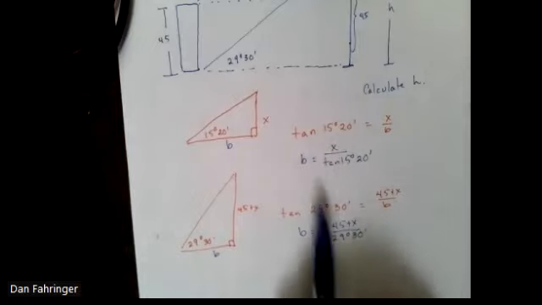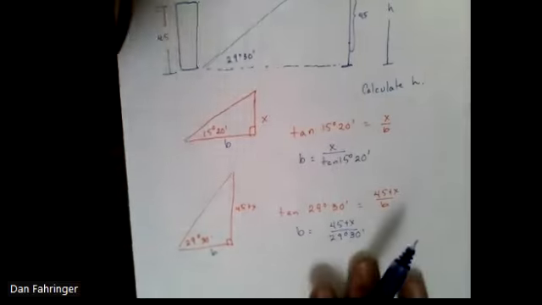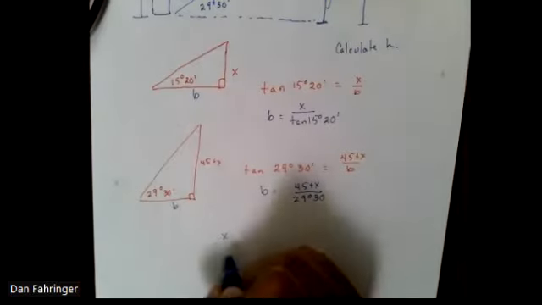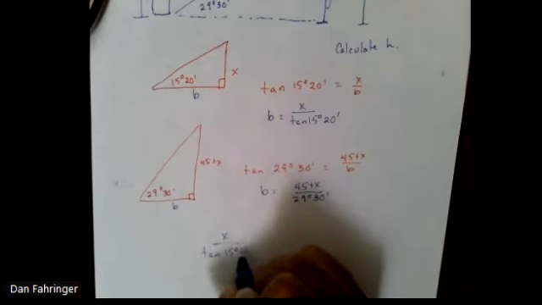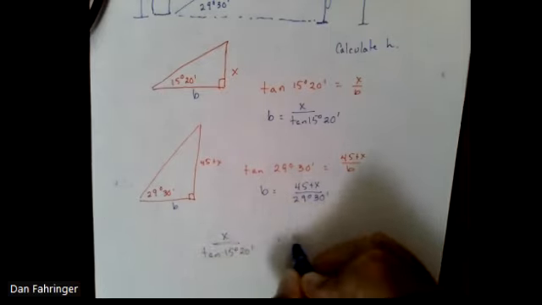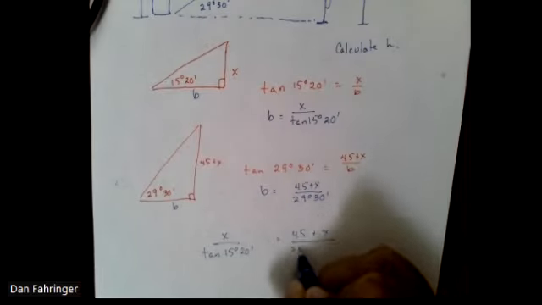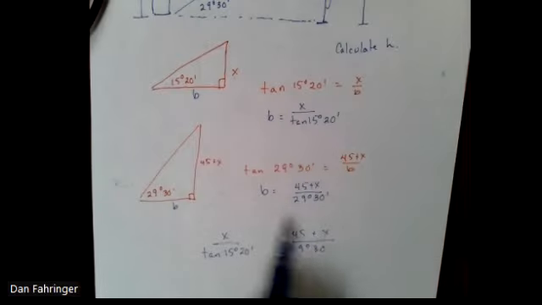Now this is equal to B and this is equal to B, then those two have to be equal to each other. And what I'm going to end up with is X over tangent of 15 degrees, 20 minutes equals 45 plus X over tangent of 29 degrees, 30 minutes. And as you can see, I'm now down to one equation, one variable X.